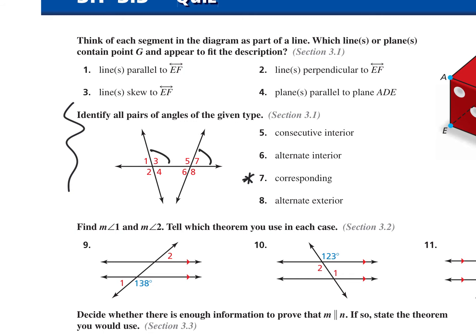We also have 1 and 5, and we also have 2 and 6, and then also 4 and 8. Any one of those 4 pairs would have been an answer to this question on tomorrow's test. Again, you don't need to name all, just give me one.